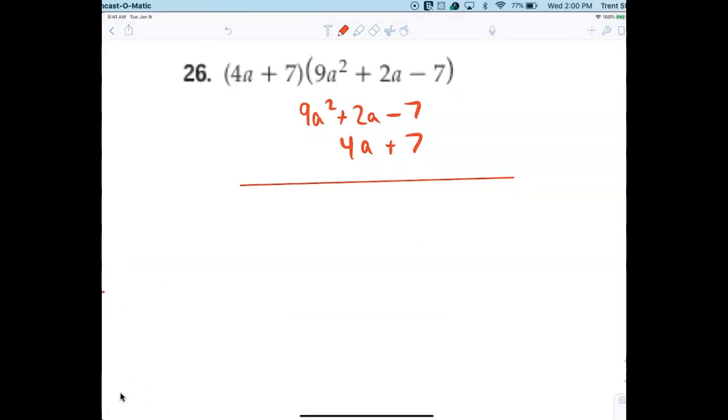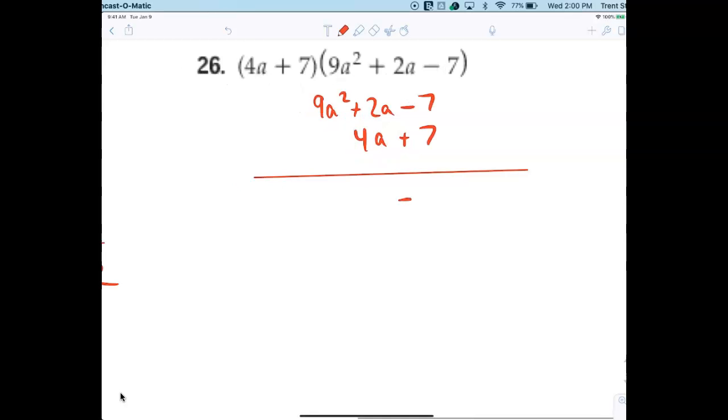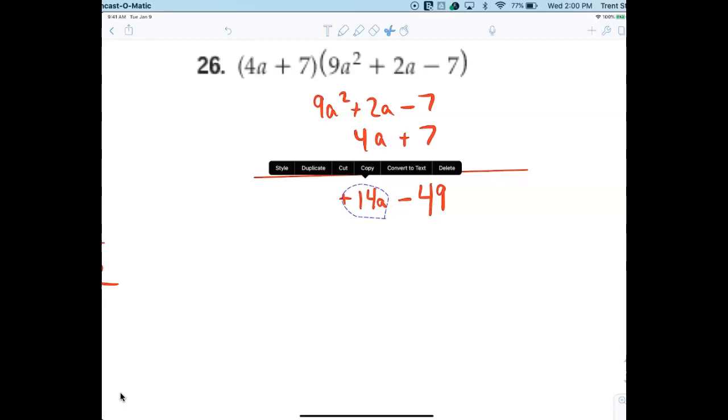Okay, here we go. 7 times negative 7, guys. Negative 49, good. 7 times 2a. Now remember, I like you to say positive 14a. And then 7 times 9a squared, 63a squared. You okay with that?